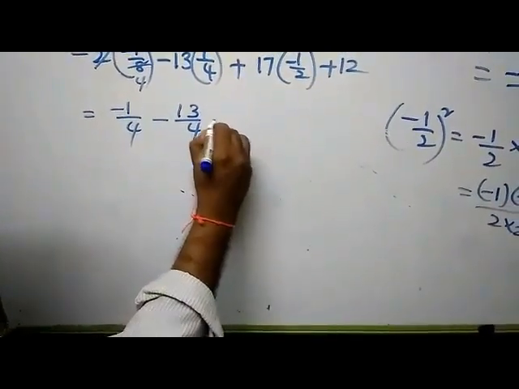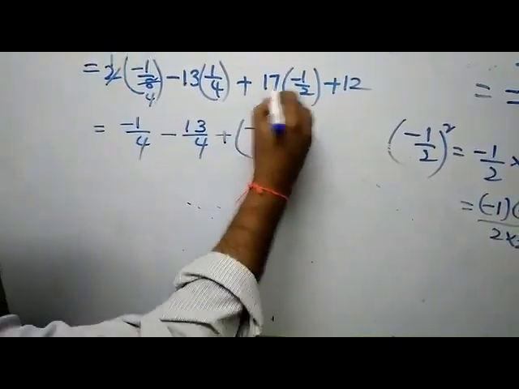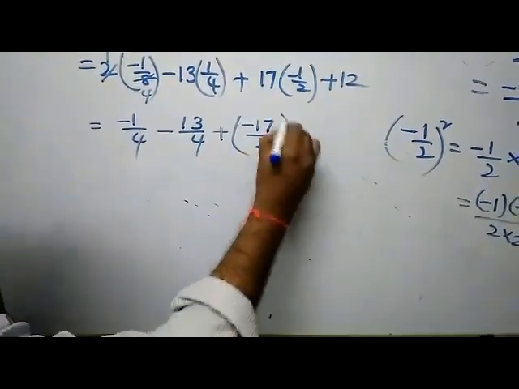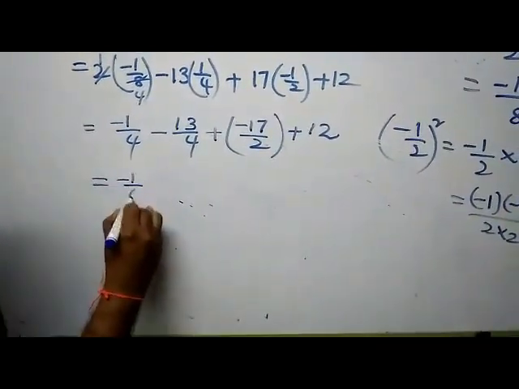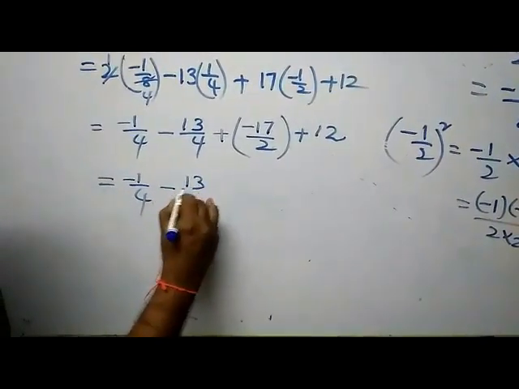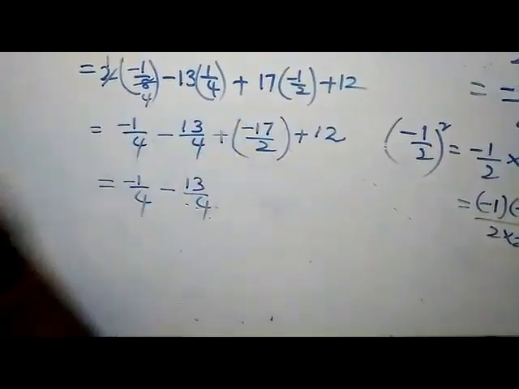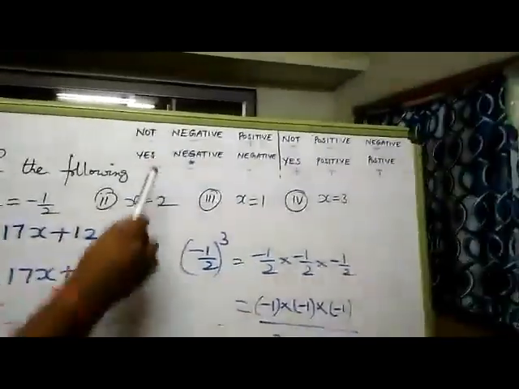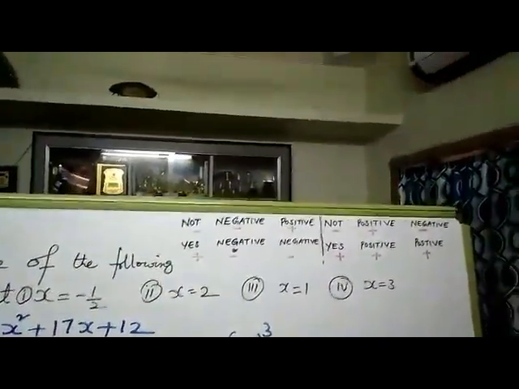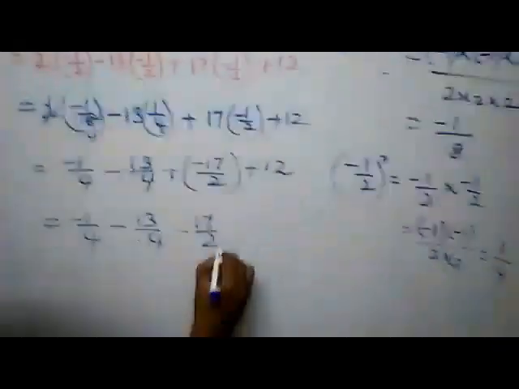Plus 17 into minus 1, minus 17 by 2, plus 12. So it is equal to minus 1 by 4 minus 13 by 4, and plus into minus is minus, so minus 17 by 2 plus 12.